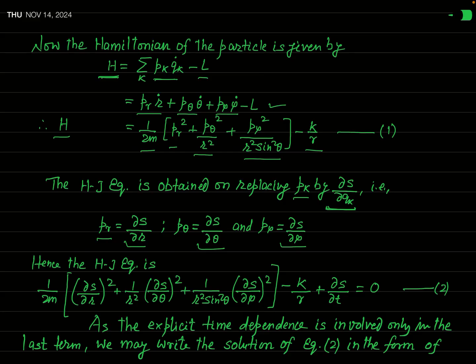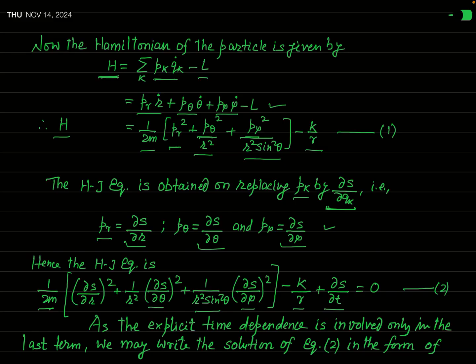Now let us replace PR, P theta and P phi by these expressions. So the HJ equation in terms of S can be written like this: 1 over 2m times del S by del R whole square plus 1 over R square times del S by del theta whole square plus 1 over R square sin square theta times del S by del phi whole square, minus K over R, plus del S by del T equal to 0.